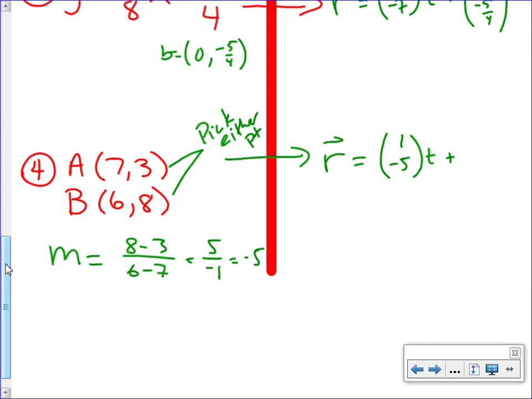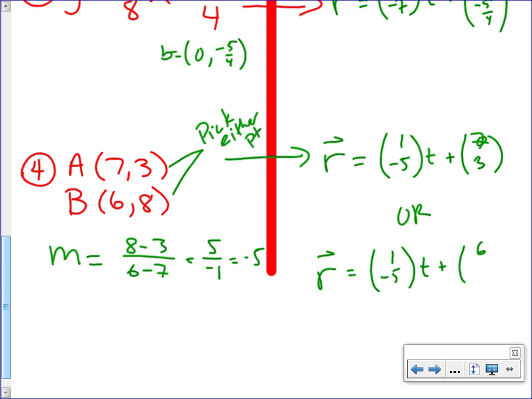So you can have a couple possible formulas. It's either 0, 3, or, I'm sorry, not 0, 3, 7, 3. My bad. Right? 7, 3. Or you can have 1, negative 5, t plus 6, 8. Either one would be an equation for this.